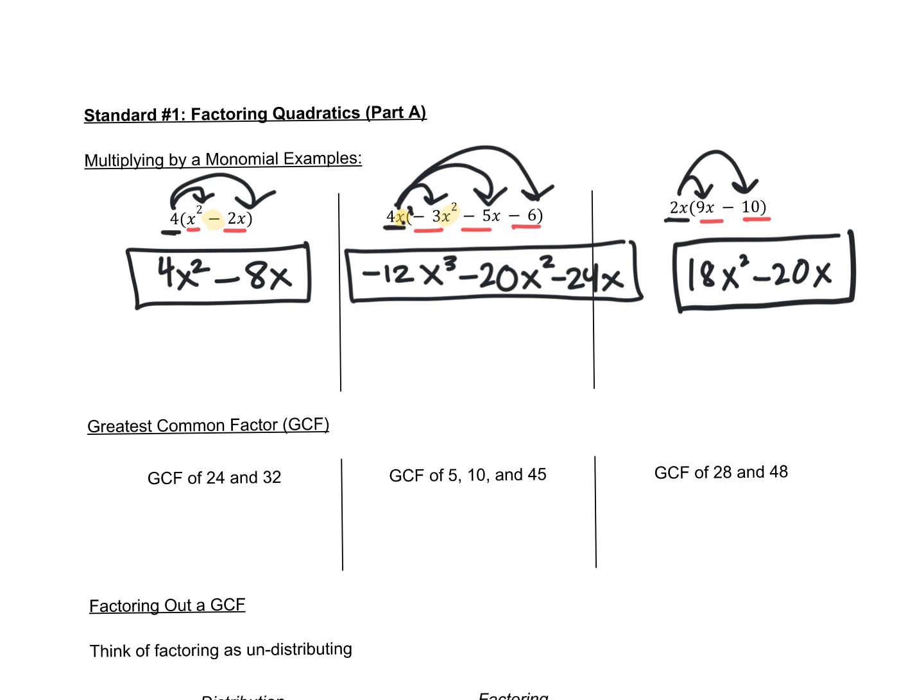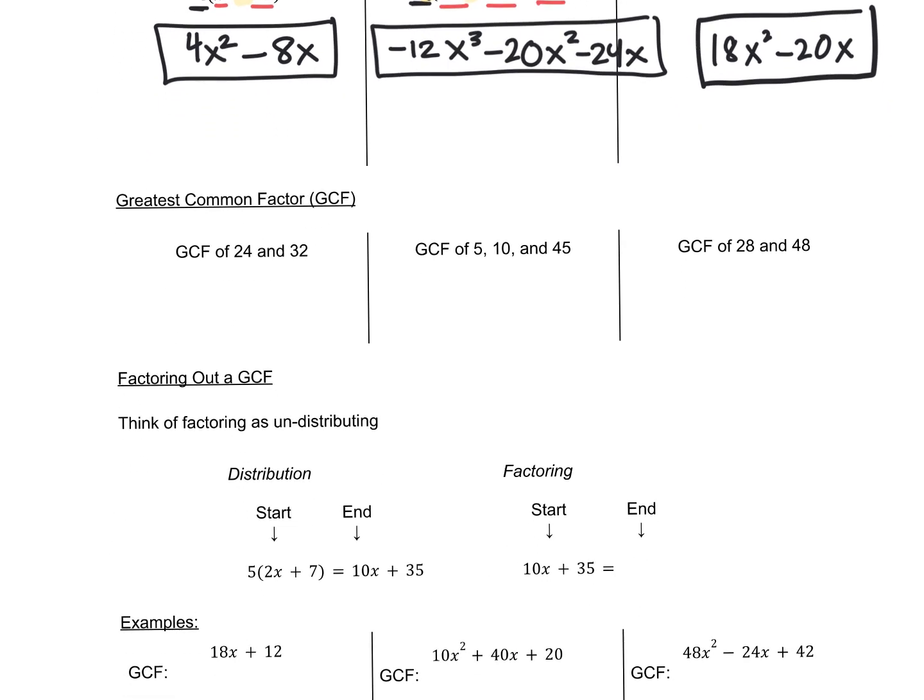Okay, our next section is on the greatest common factor. The greatest common factor hopefully is kind of self-explanatory. Greatest meaning the biggest. Common is things that they both have, so terms have in common. And factor is something, a like number or variable, that divides evenly into another term, okay?